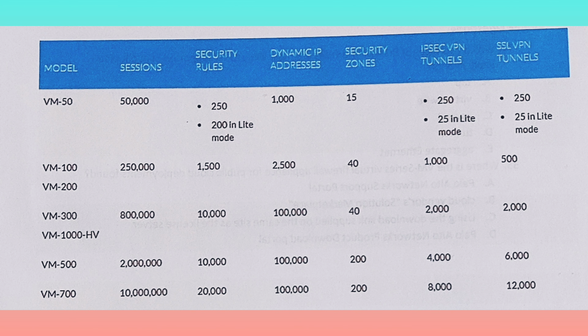The VM-Series firewall is available as the VM-50 Lite, VM-50, VM-100, VM-200, VM-300, VM-500, VM-700, and VM-1000-HV.